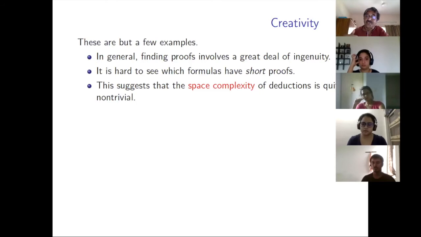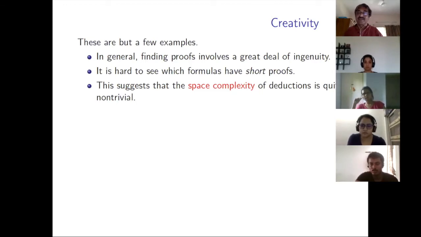So, the notion of space complexity is about how much I need to write down. If I can look at the formula and say, hey, what have we got? I've got only implication and negation, right? If there are two implications in the formula that I'm beginning with, maybe I should use 5 implications. If you can get something like that, you should be able to control this. And what I'm pointing out is that this is very non-trivial.